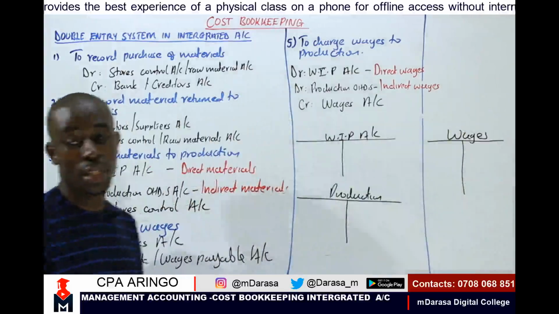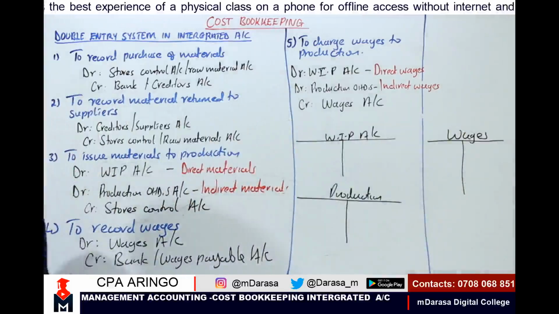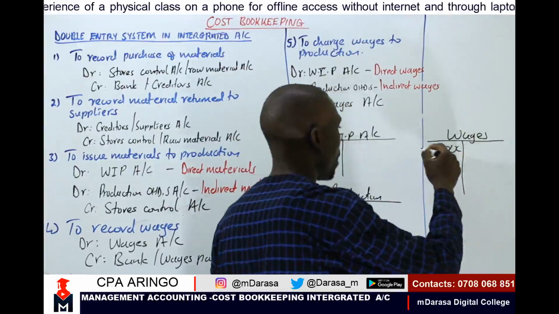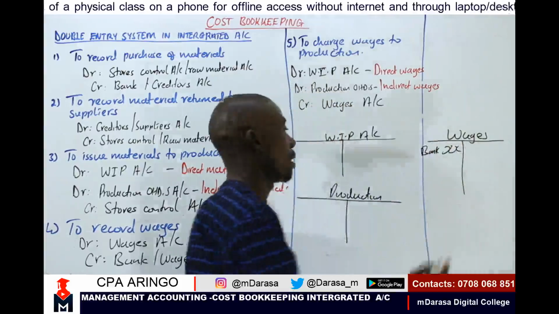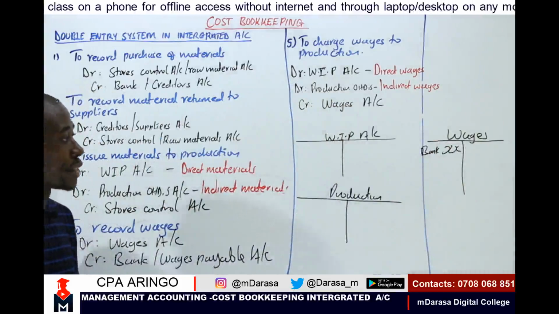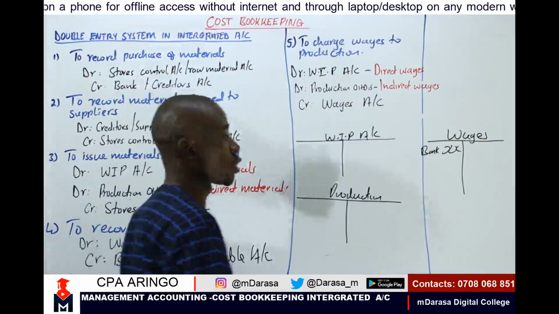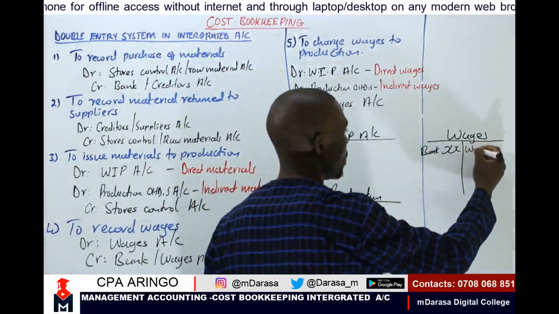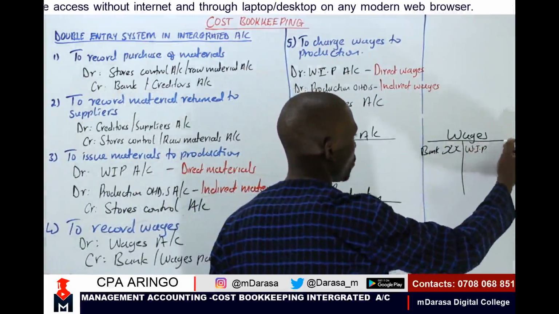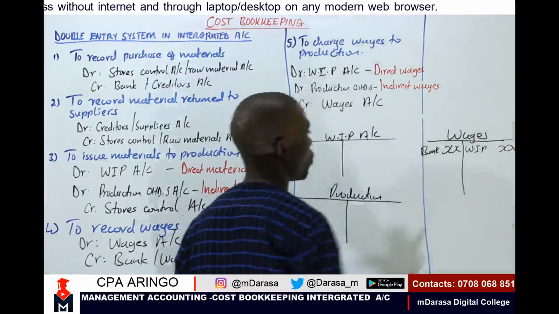So that we are saying that in the event that you are charging this item to production, initially I'd recorded a figure here, maybe from bank or from wages payable. So if I'm charging to production, I'm going to debit work in progress account. In this case, the detail here of the wages, it will be on a credit.